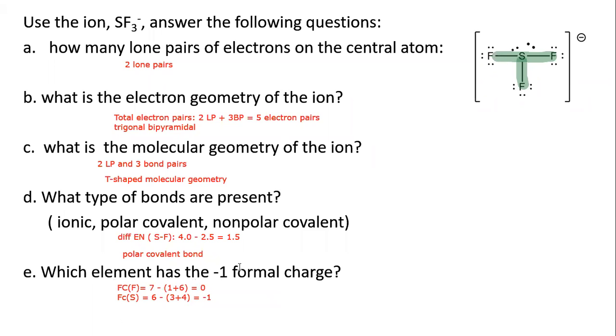So the sulfur atom has the -1 charge. However, this species here would be unstable because the negative charge is not on the most electronegative element. So this would be a very unstable ion because formal charge rules like to have the negative charge on the most electronegative element.